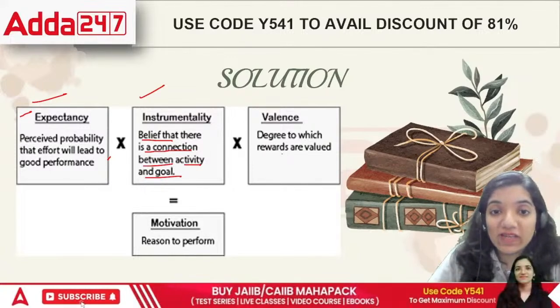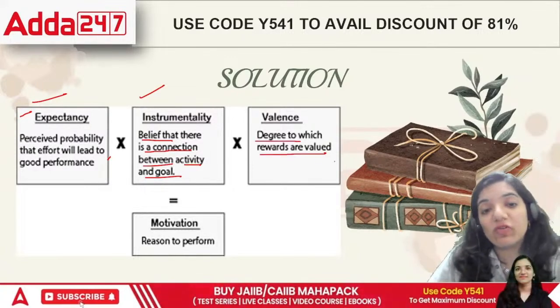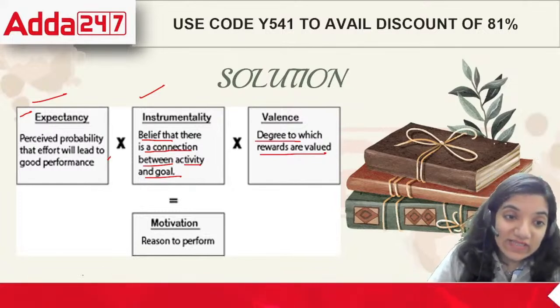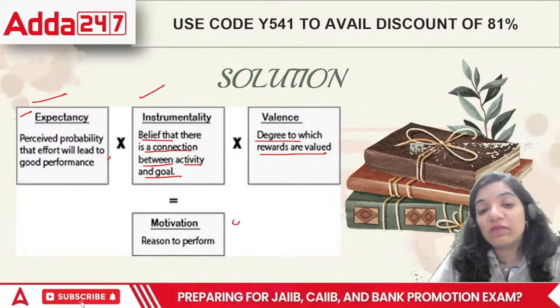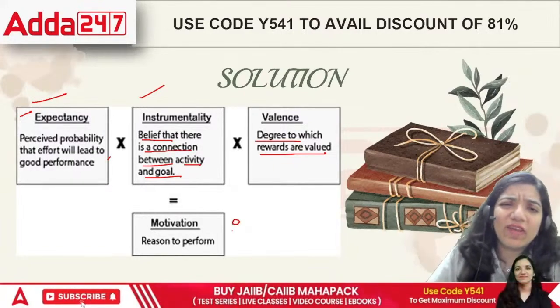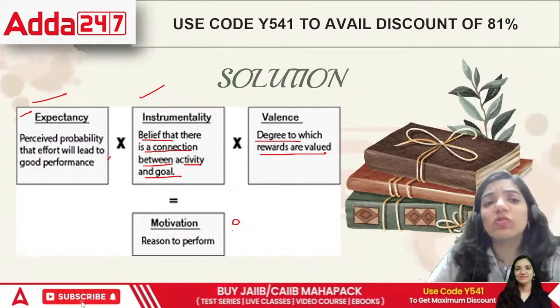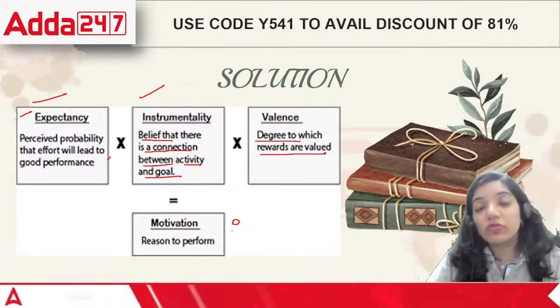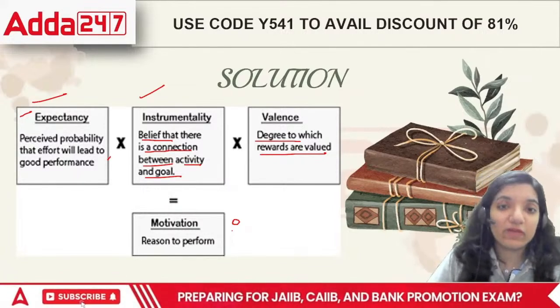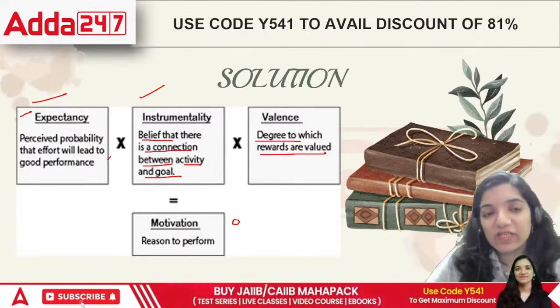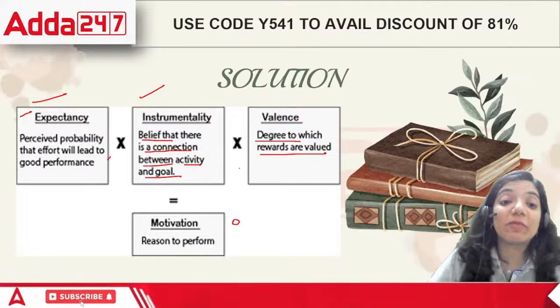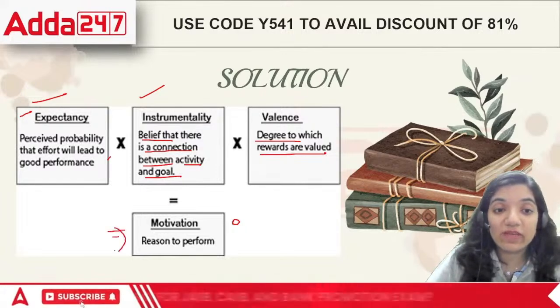And valence is the degree to which the rewards are valued. If any of these three things becomes zero, the entire motivation becomes zero. If we do not get a reward, why am I doing it? If I'm not near the goal, then why am I doing it? If I don't even expect that I'll get something out of it, why am I doing it again? That is the point. So expectancy multiplied by instrumentality multiplied by valence will give us the motivation.